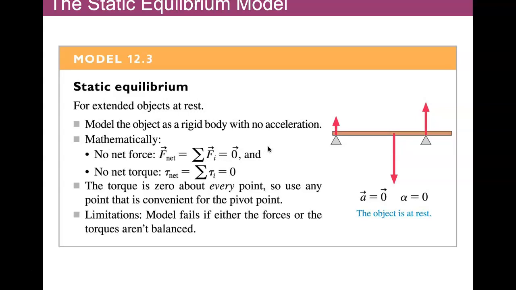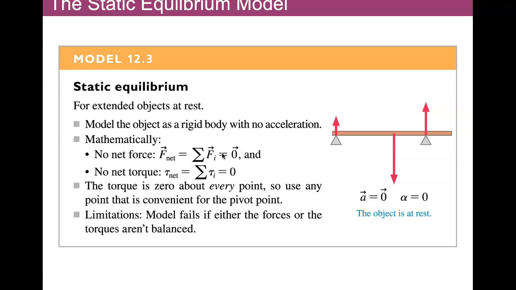Now, there's no ambiguity about the force equation. However, the torque we defined with respect to an axis. So when we say the net torque is zero, and there is no obvious axis of rotation, the question is with respect to which axis, right?